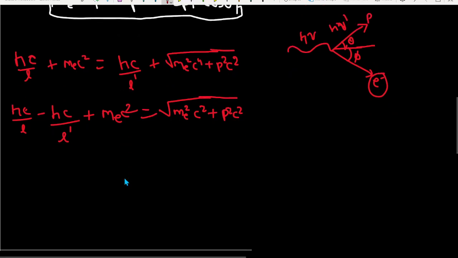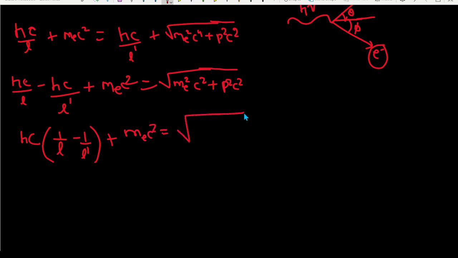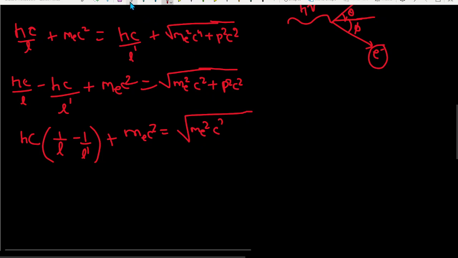Now we can square both sides. Before squaring, I take hc common: hc times (1 upon lambda minus 1 upon lambda dash) plus m_e c square equals the root under of m_e square c^4 plus p square c square. A small mistake there, it's c^4, which can cause big trouble.